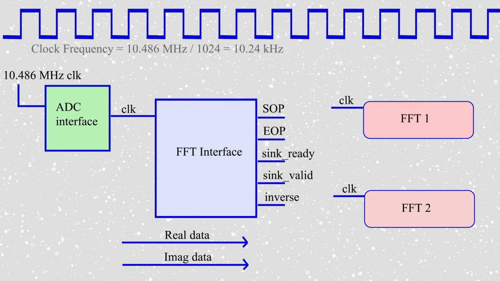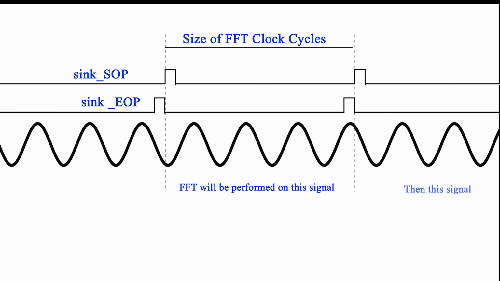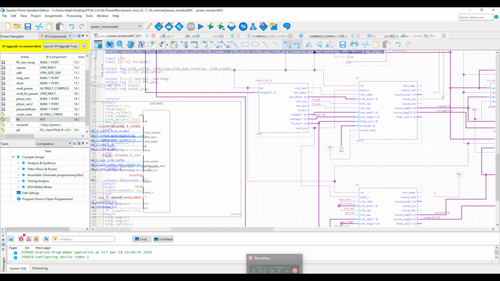And remember, the main challenge here is producing a start of packet and an end of packet which is spaced apart the right number of clock cycles. And as I said before, this is a 2048 point FFT, so we need to make sure that the start of packet and the end of packet are separated by 2048 clock cycles.